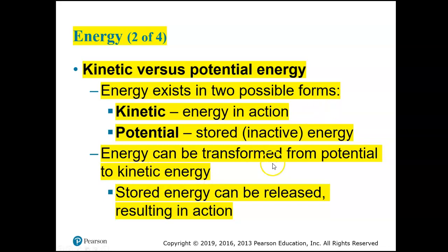So energy can be transformed from potential to kinetic energy in different chemical compounds. The energy is stored in the bonds between the atoms, but when those bonds are broken during a chemical reaction, kinetic energy is released.